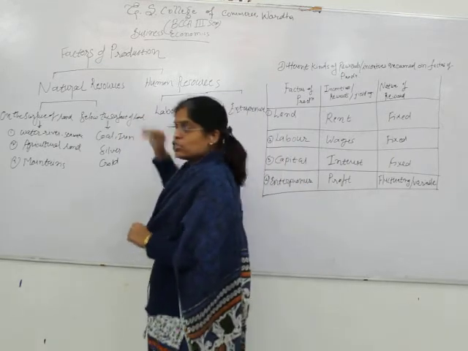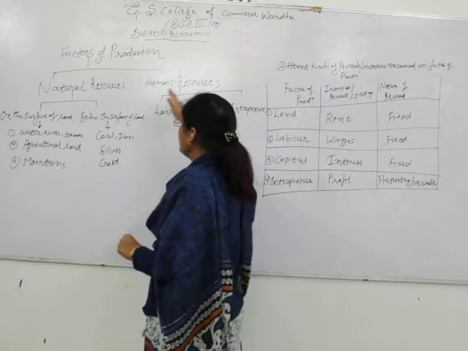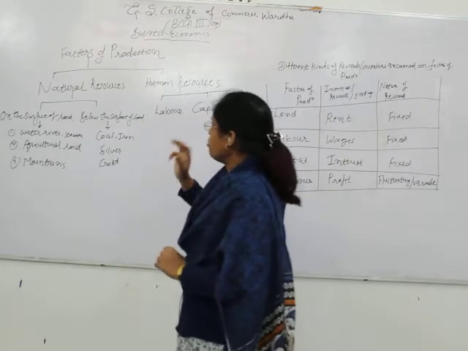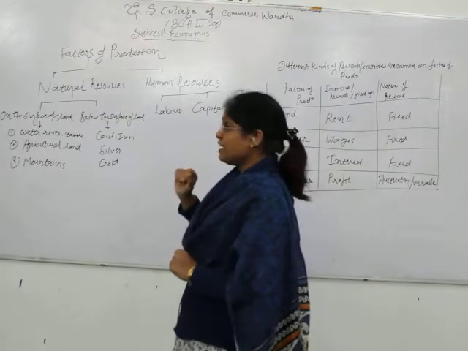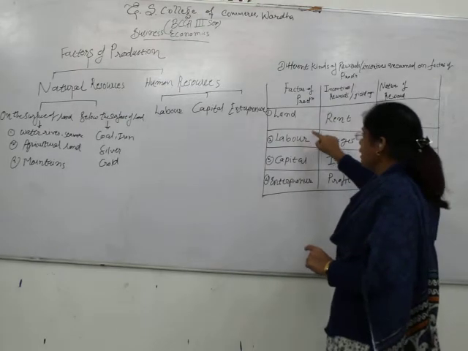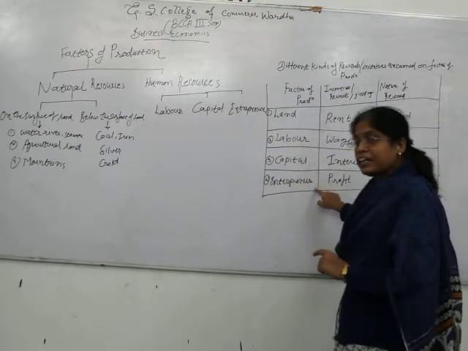Now again, these resources are defined under different heads. The main thing you need to see here is what the factors of production are. These factors are land, labor, capital and entrepreneur.